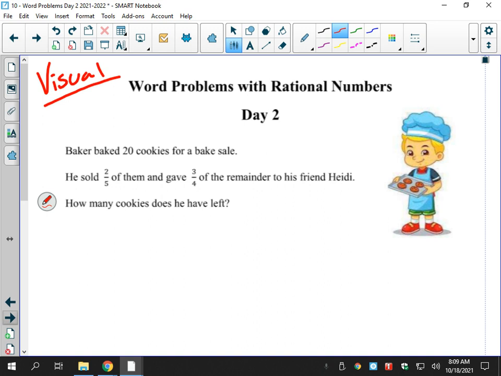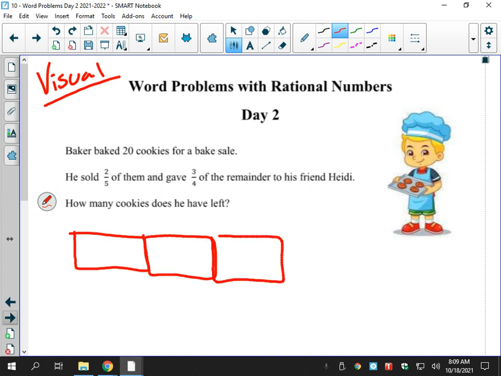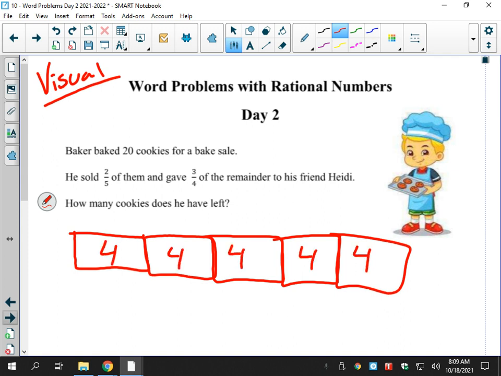So Baker baked 20 cookies for a bake sale. He sold 2/5 of them. So I'm going to split Baker's 20 cookies into fifths so I can see how many he gave to Heidi. So 20 cookies split into fifths, that's going to be 4 cookies in each of the fifths, right? 4, 8, 12, 16, 20. 2/5 he sold.